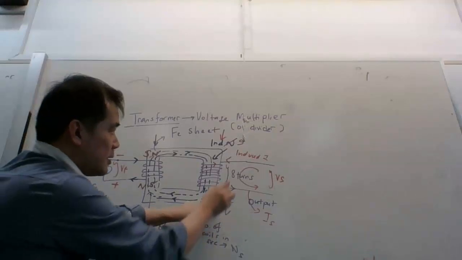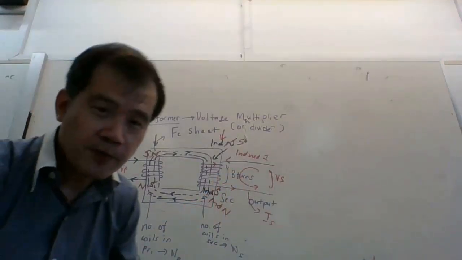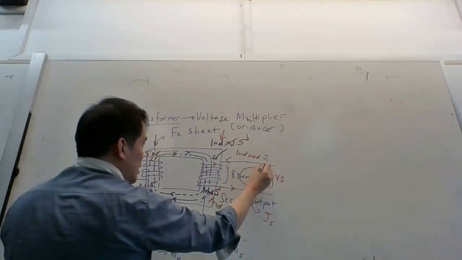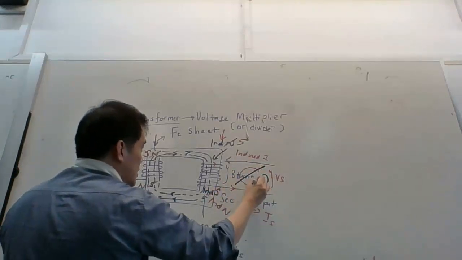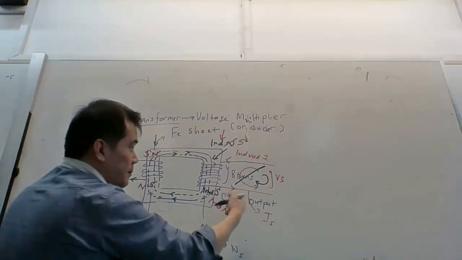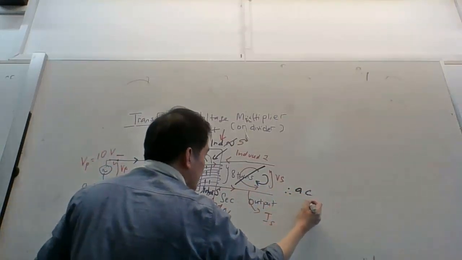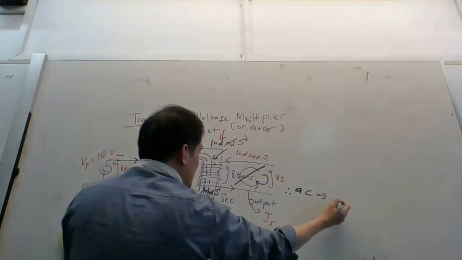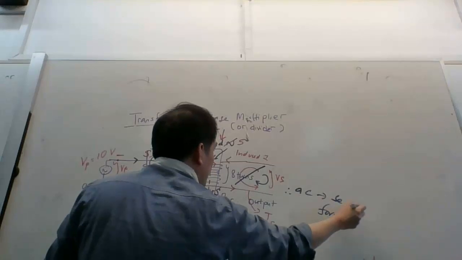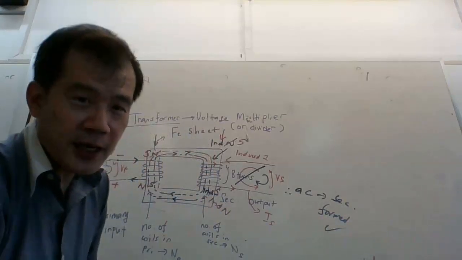Because of this, the current here has to change. So it flips around again. Instead of going this direction, now the new current will go this direction. See, there's a flip. And therefore, an AC current is formed at the secondary side. That's how you do it.